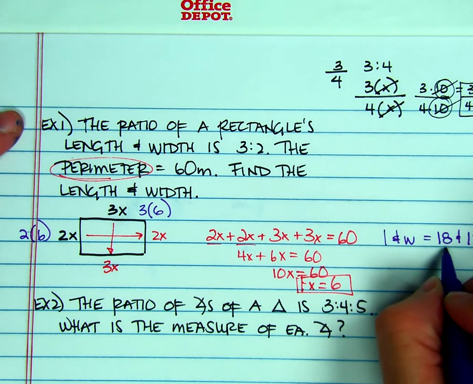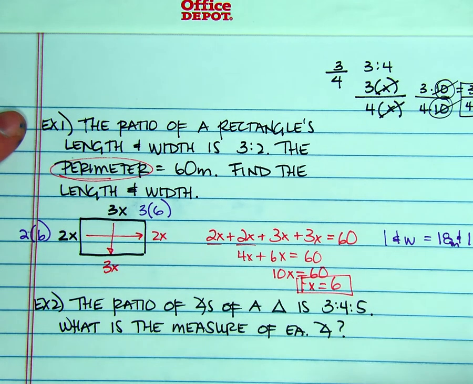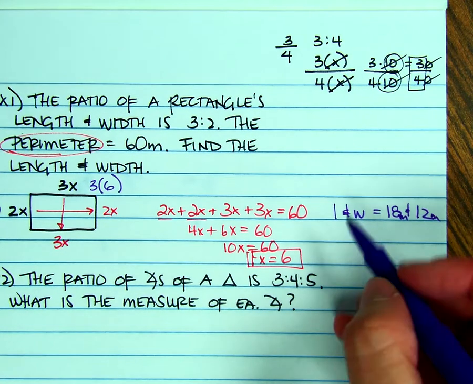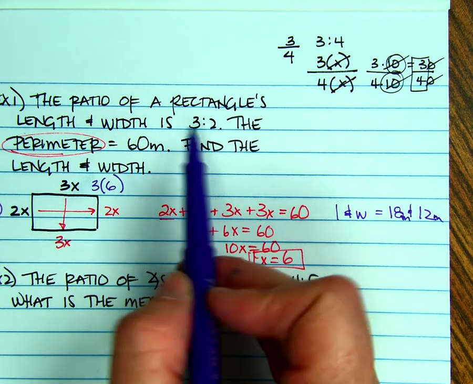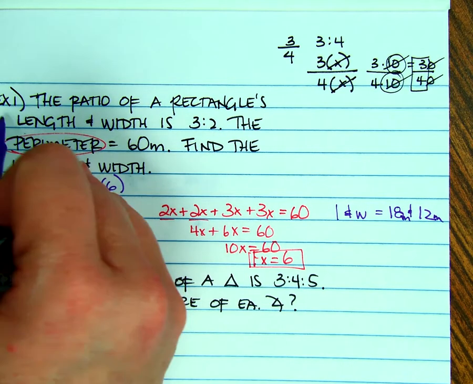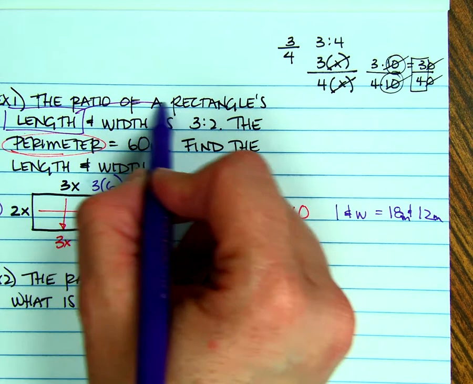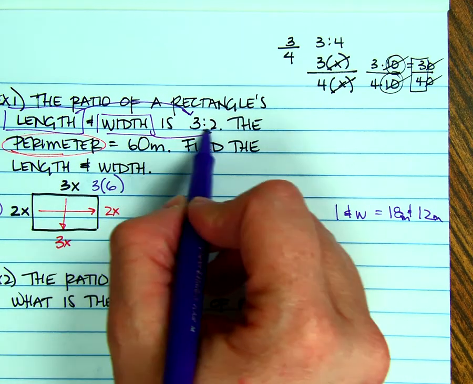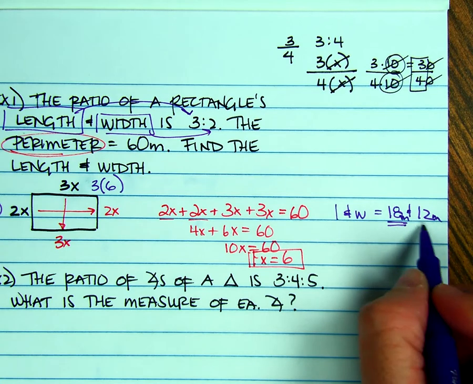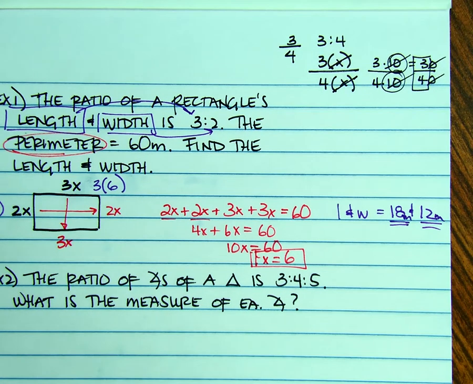And those would be meters. And if you look back in the original problem, it says length and width is 3 to 2. So to me, that is telling you that the 3 represents the length because of the order that it's written in, and width represents the 2. So that's why the 18 is first and the 12 is second.